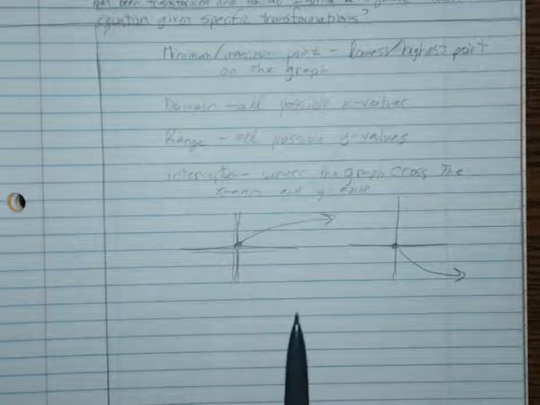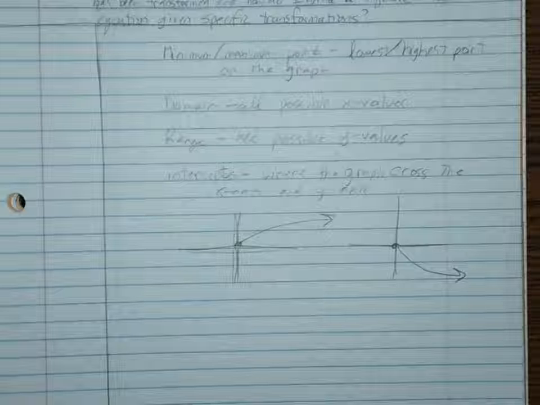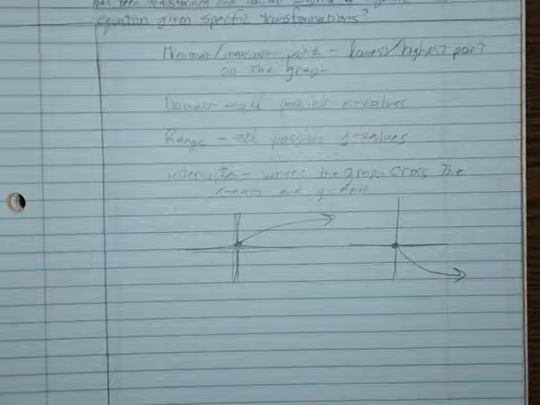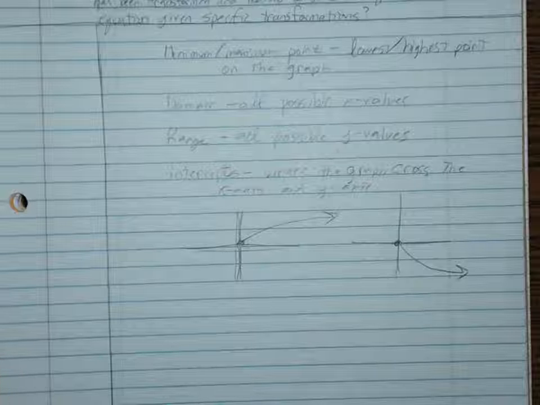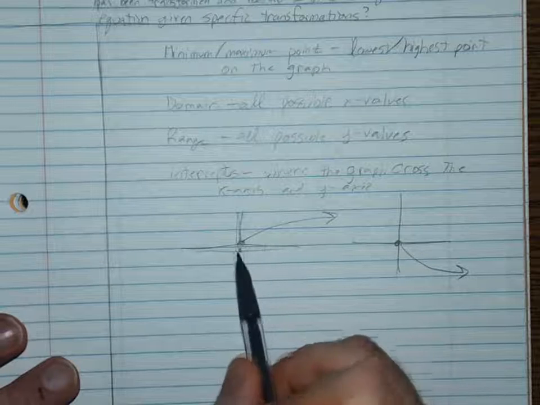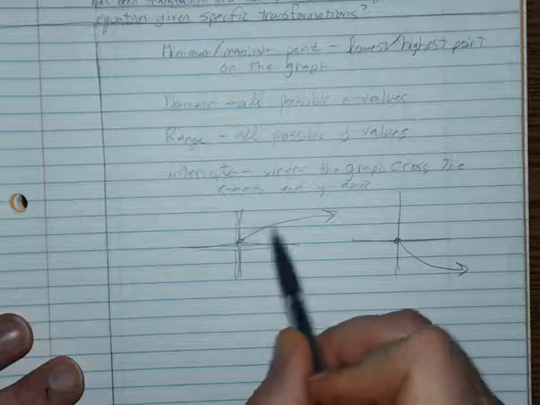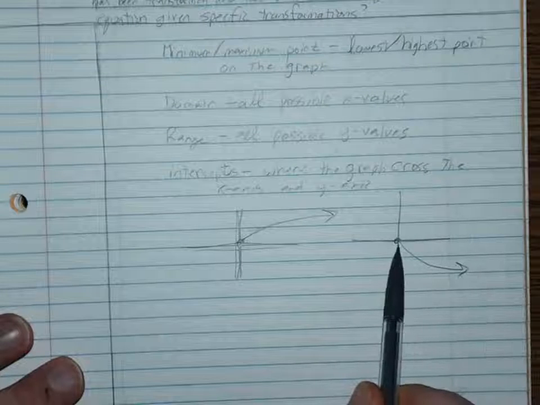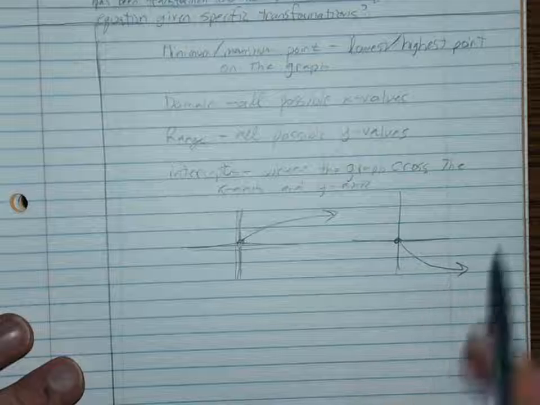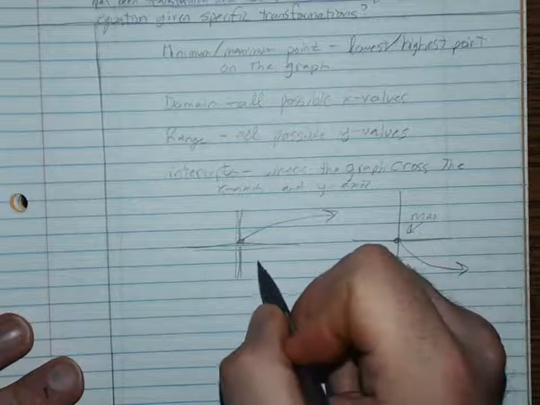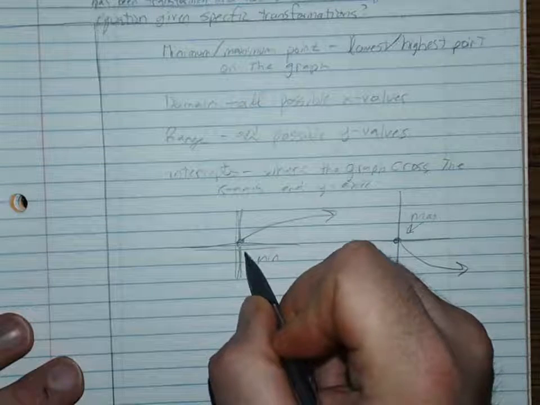They're all this point. That does not happen often. In fact, this is the only time that this happens. Once you move it, the maximum or minimum point and the intercepts become very separate things. Also, I want to point out this is a minimum because it's the lowest point. This thing is going up and to the right. This would be a maximum because this is going down to the right. So this would be a maximum, and this would be a minimum, like so.